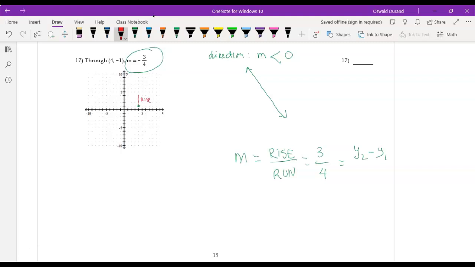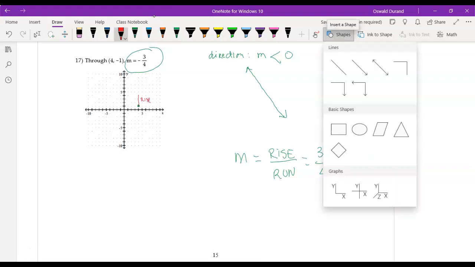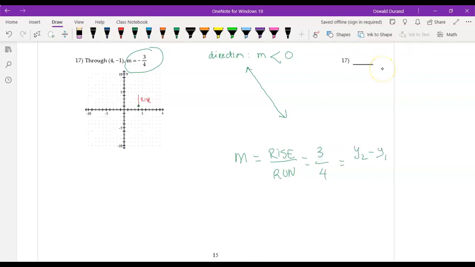But because my line is behaving that way, it has to behave that way.